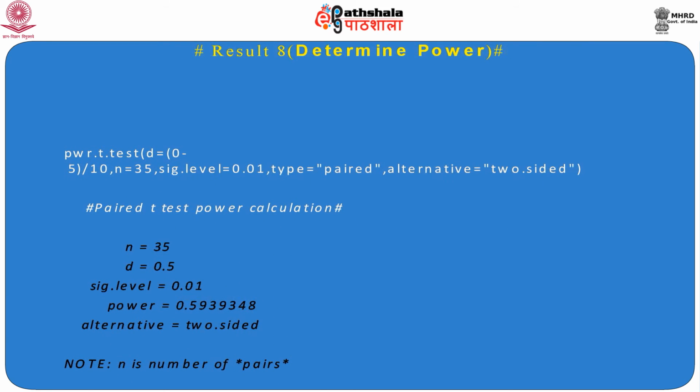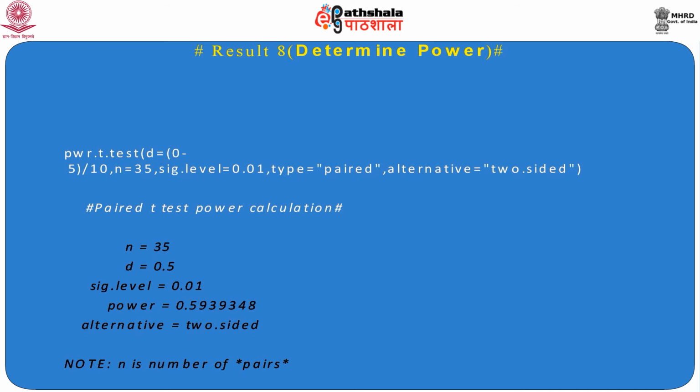Now we are going for another scenario where we have the sample size, and based on the sample size we want to find out what the desired power can be. So here see, the d has been replaced from 0.5 by 5 to 0.5 by 10, and n equals to 35 is considered with significance level 0.01.